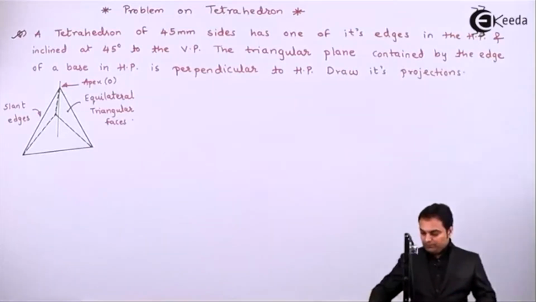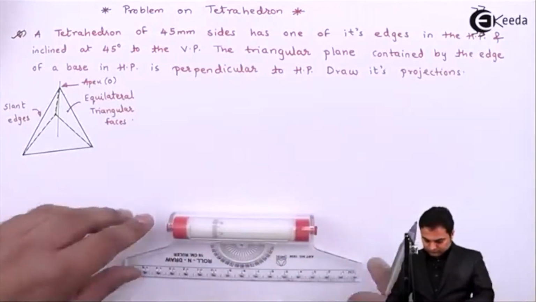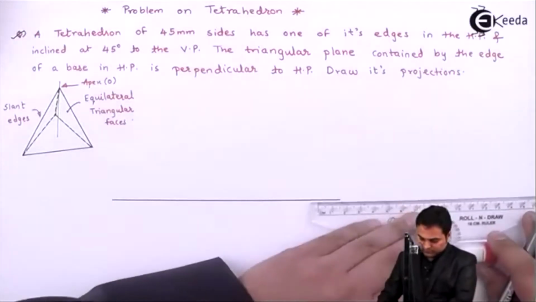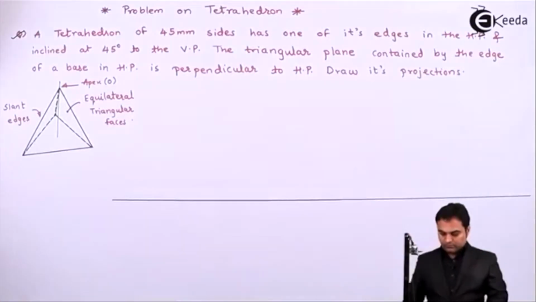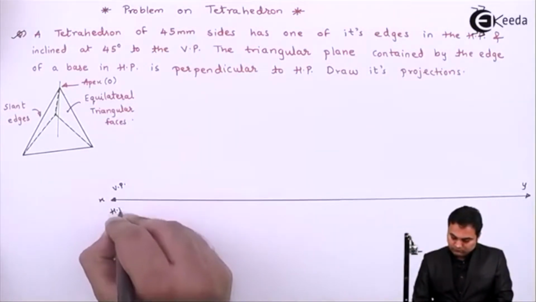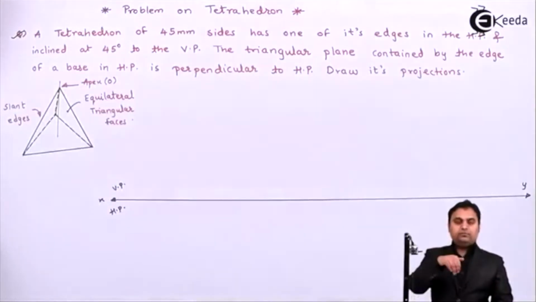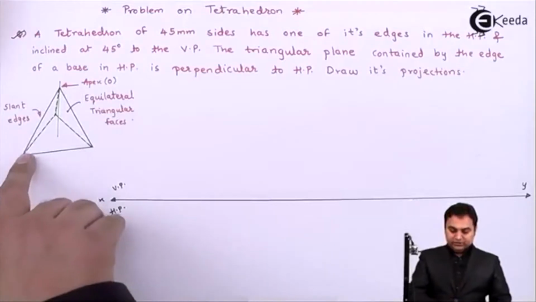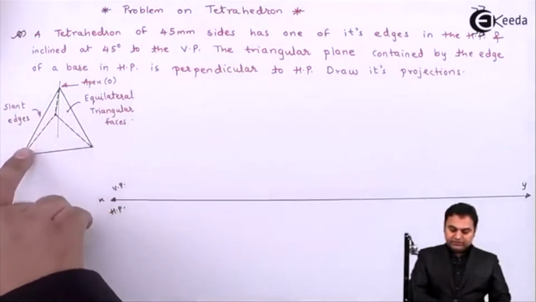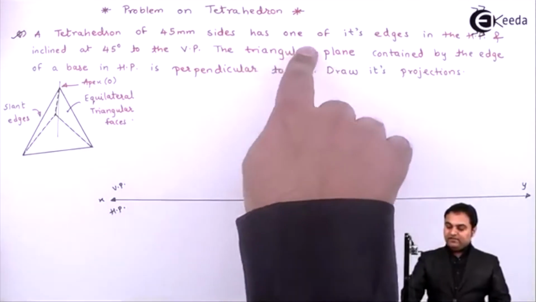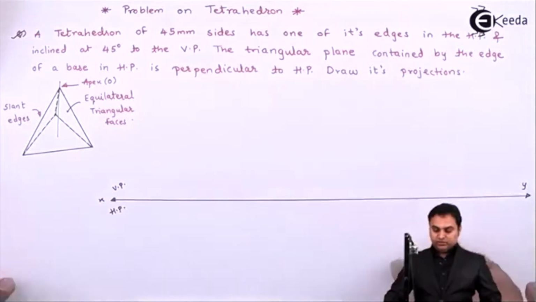So starting with this problem, here I'll draw the tetrahedron, which is when we are looking from the top, we are going to see the equilateral triangular base and it is in such a way that it is having one of its edges in HP.